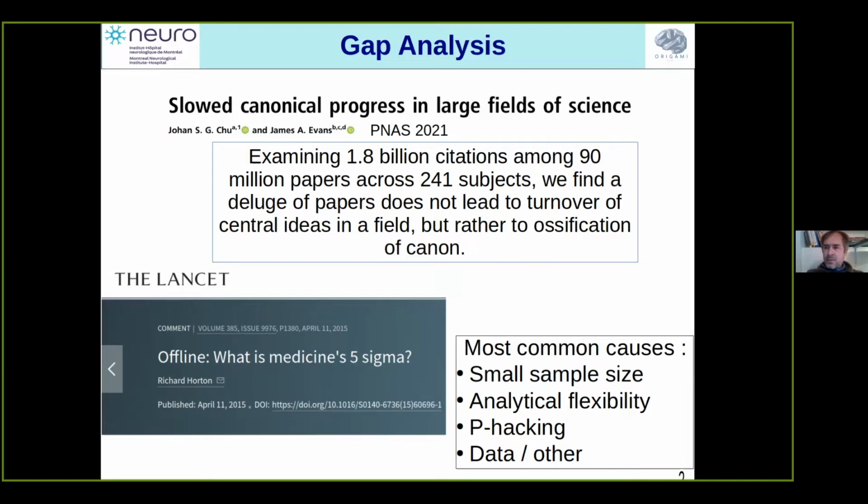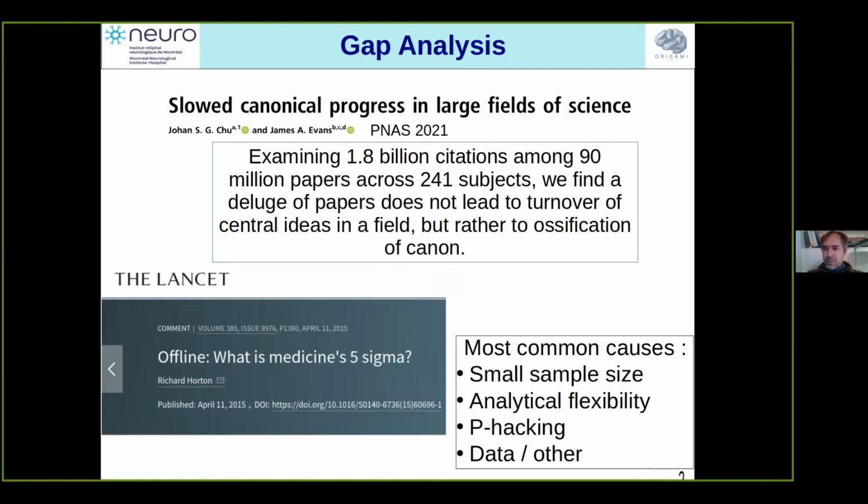And so therefore there's a lot of reflection on how do we improve research globally, maybe comparing what life science does to what physics does, for instance, when a result is actually very solid.